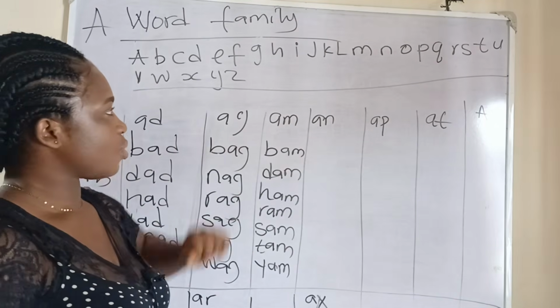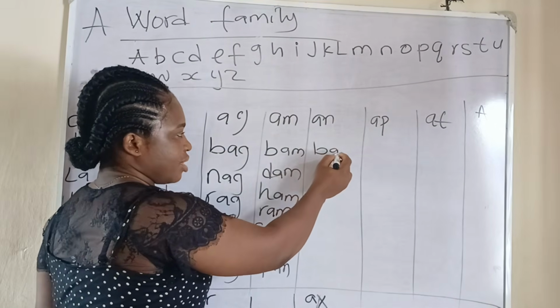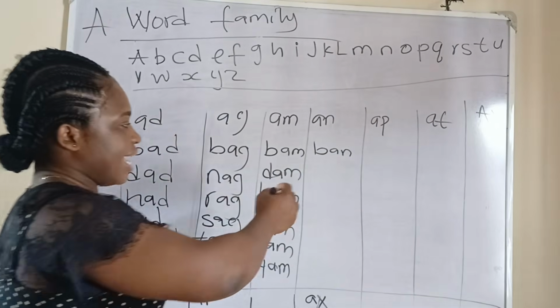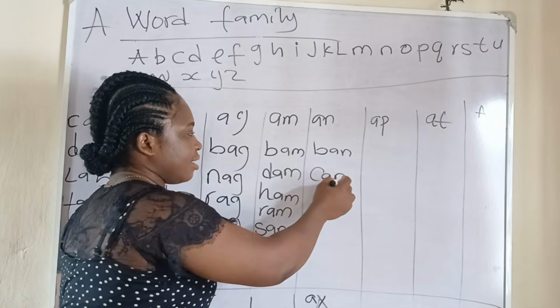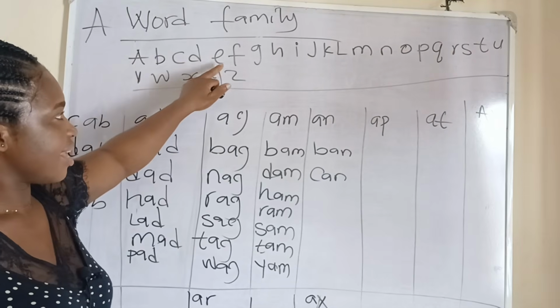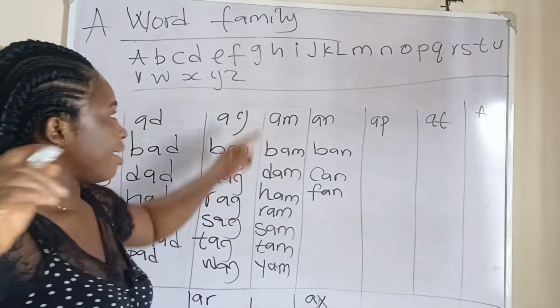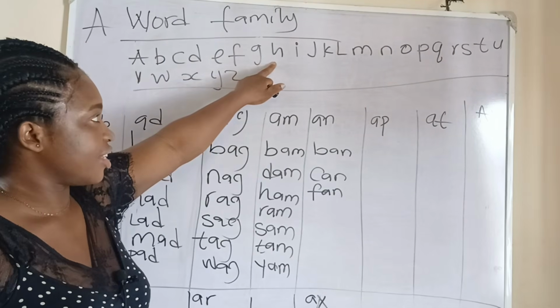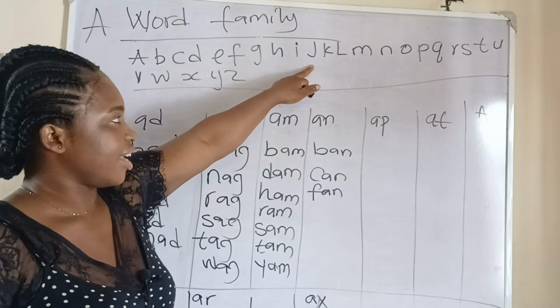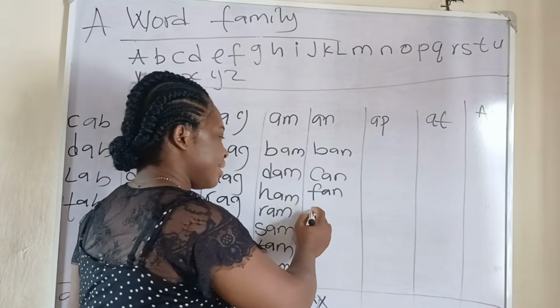Now to an, alphabetically we have ban, B. We have can, C. We have D, E, F. We have fan. We have G, H, I, J, K, L, M. We have man.